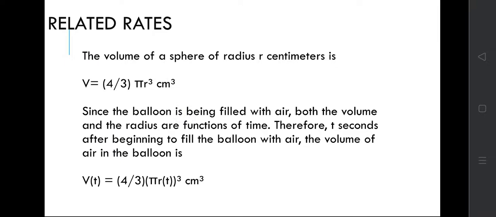So, since the balloon is being filled with air, both the volume and the radius are functions of time. And if nag-i-increase yung radius, i-increase din yung volume. So, you now have the working function, V of t is equal to 4 thirds pi r of t cubed centimeter cube.